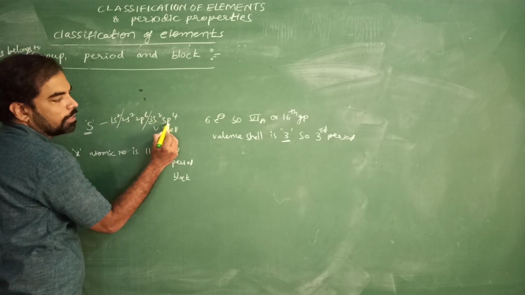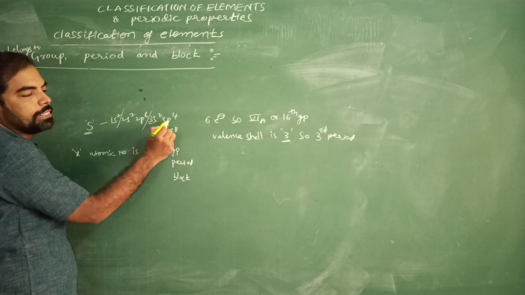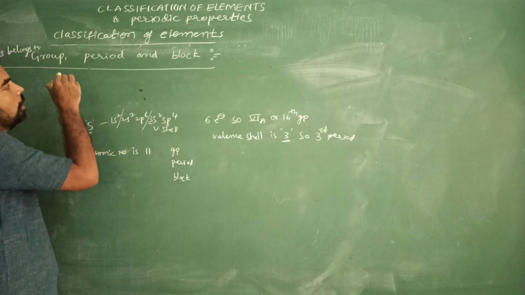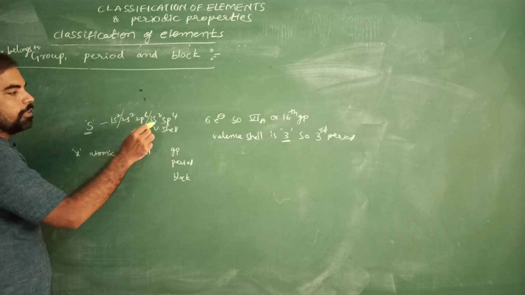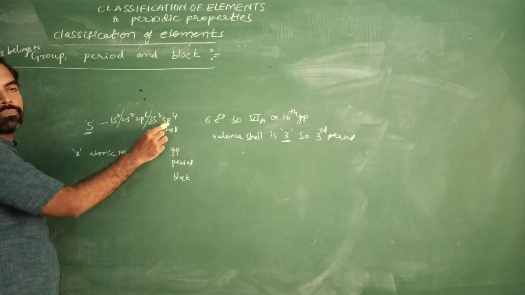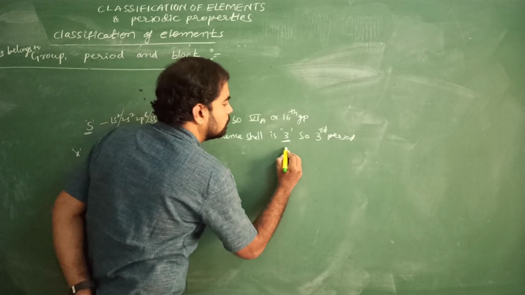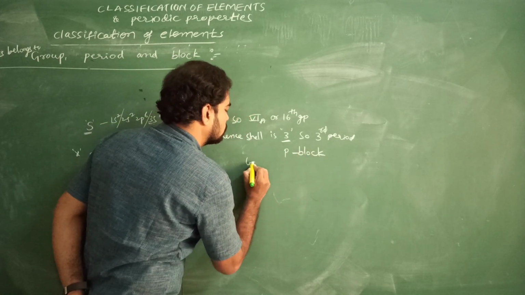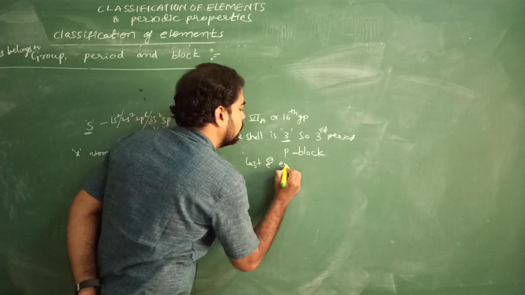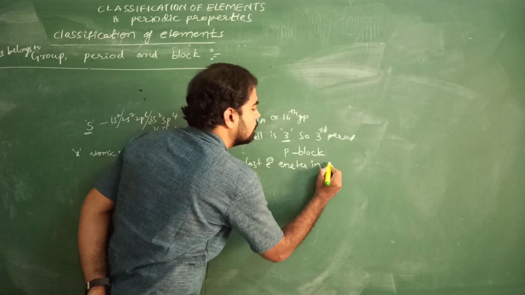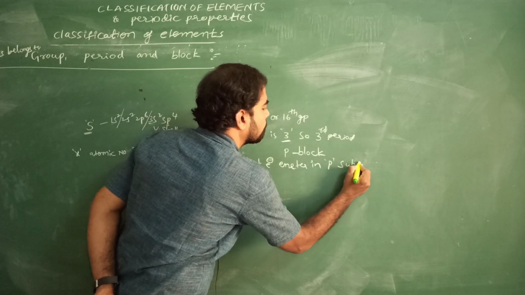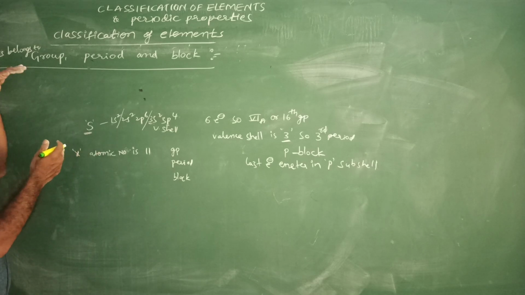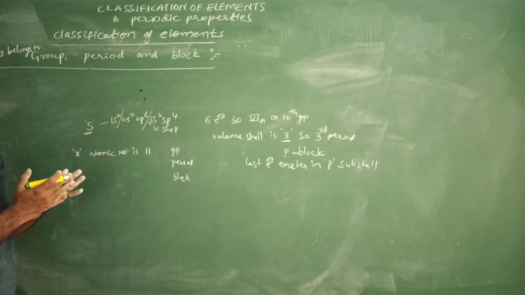Here the last electron enters 3p. That is the reason why sulfur belongs to the p block. Okay students, so by this method we can easily find out the group, period and block.